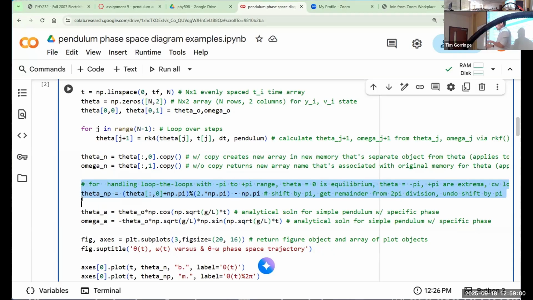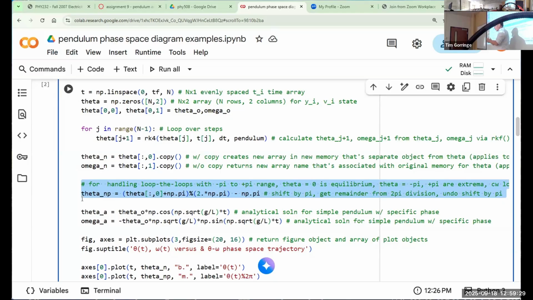By that, I meant that in the examples we're going to do today, we'll see that the pendulum will loop the loop. It'll swing with such large amplitude that it'll go over the top, either in a clockwise or counterclockwise direction, in directions of increasing or decreasing omega. So we're going to get the loops, the pendulum that we didn't have to deal with in the last class.